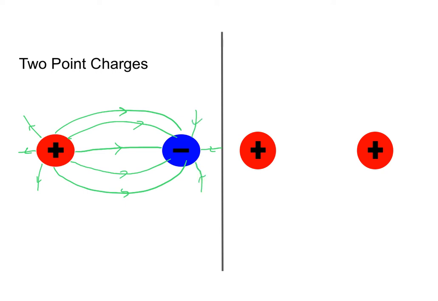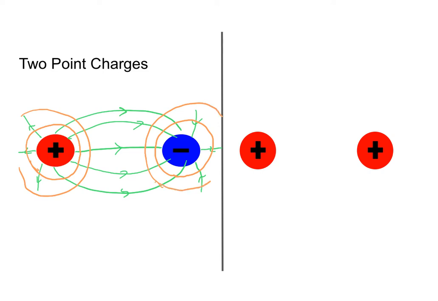Now, if I were to take a moment to draw my equipotential surfaces, I could start by drawing a line like so, and continue drawing lines like this. I can do the same around my negative point charge.